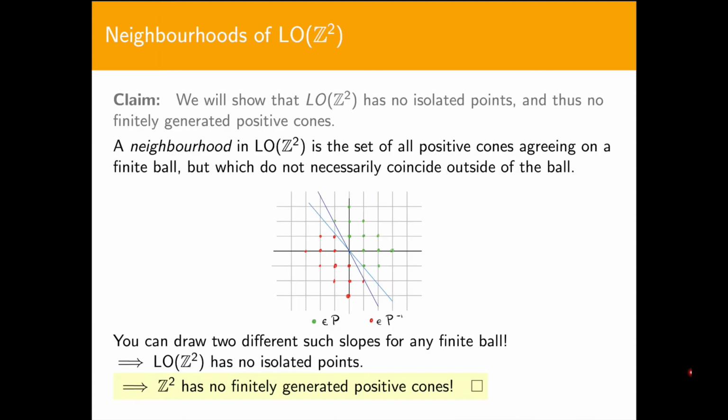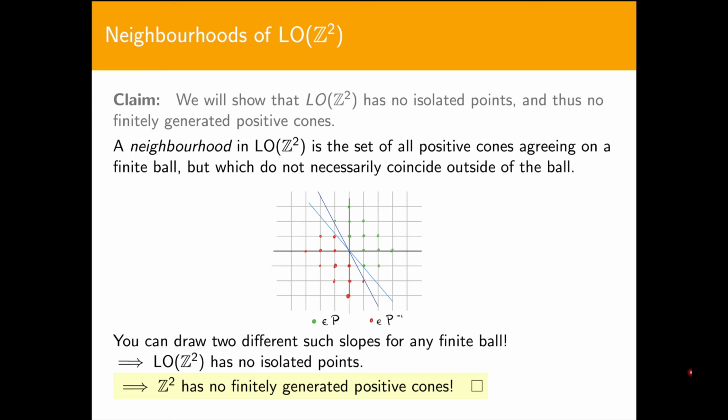So now a neighborhood in L of Z squared is a set of all positive cones agreeing on a finite ball, but which do not necessarily agree outside of the ball. So here I've drawn a ball of radius 4 with preset positive and negative elements. I've drawn two slopes, and we assume that these slopes agree with the ball on what is positive.